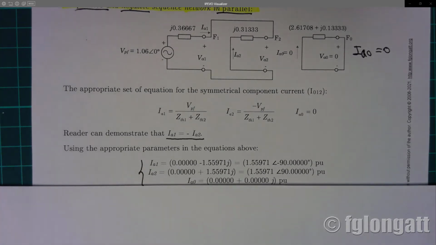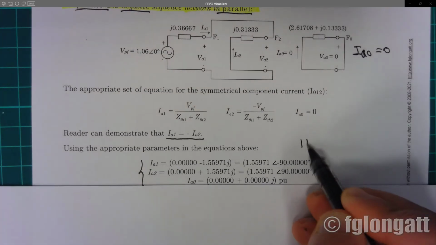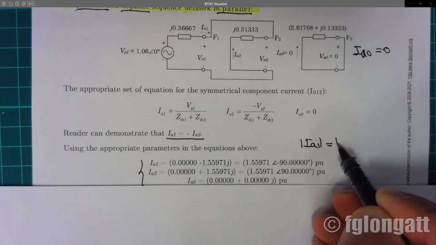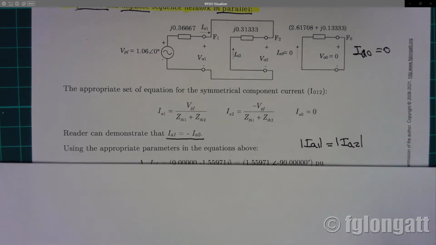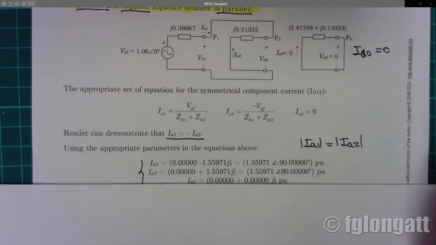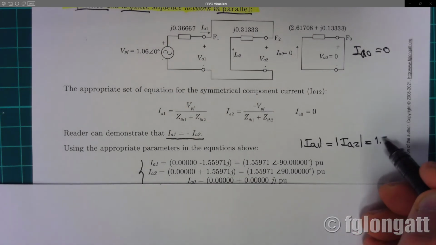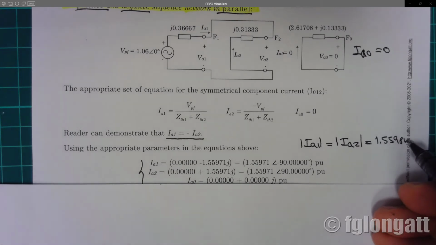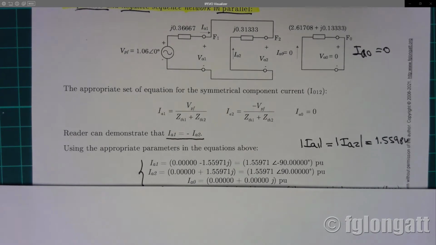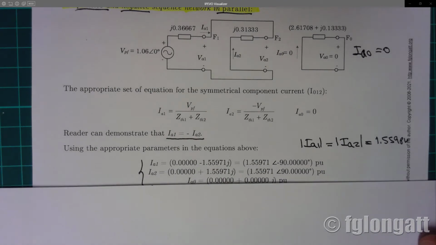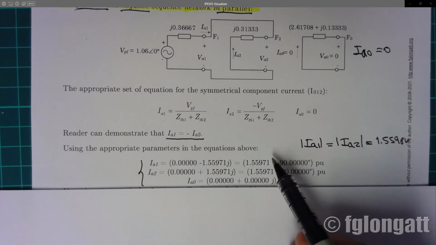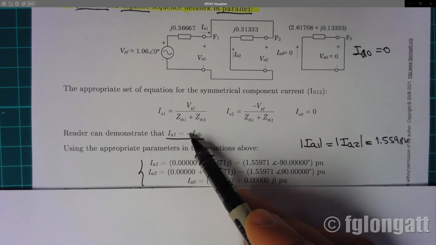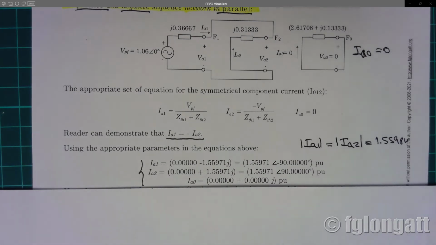What I'm telling you is that the magnitude of the positive sequence is equal to the magnitude of the negative sequence, both equal to 1.559 per unit. That is clear. And also what is clear to all my students is the 180 degrees, and this is this property over here: positive sequence is minus negative sequence, okay?